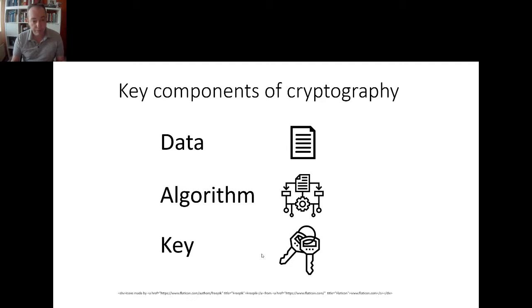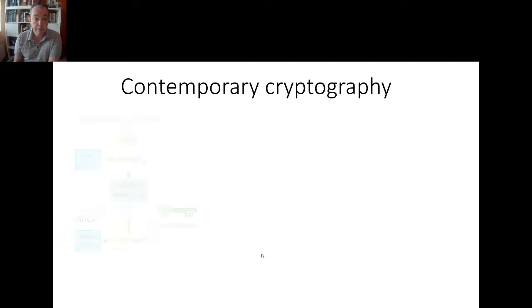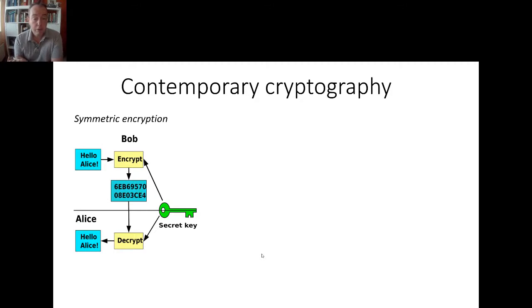How the vault works, everybody knows. How the algorithm works, everybody knows. But you still need to have a key that is specific for you, so only you and the other person can encrypt or decrypt this message. So these are the 3 key components that are used in modern cryptography. So modern or contemporary cryptography basically consists of 3 parts, or 3 kinds, so to say.